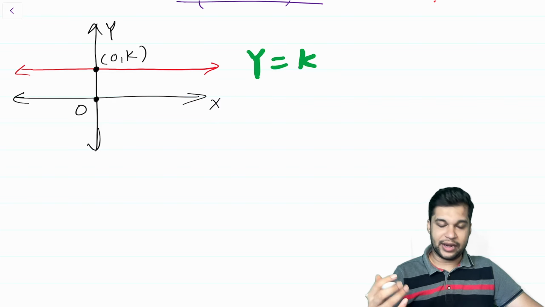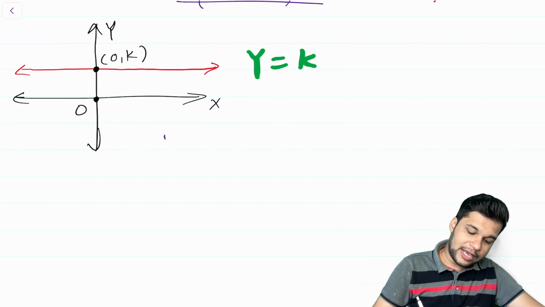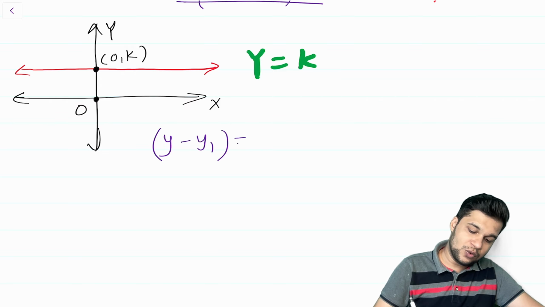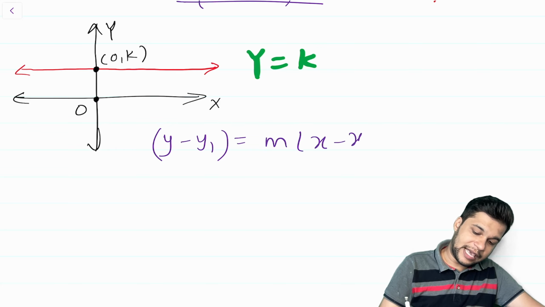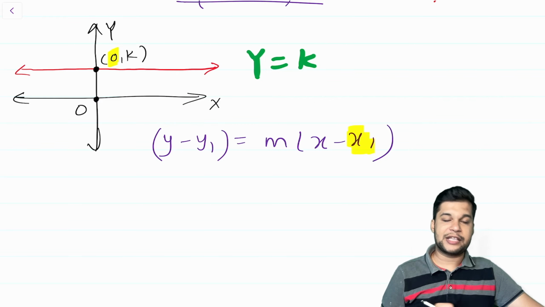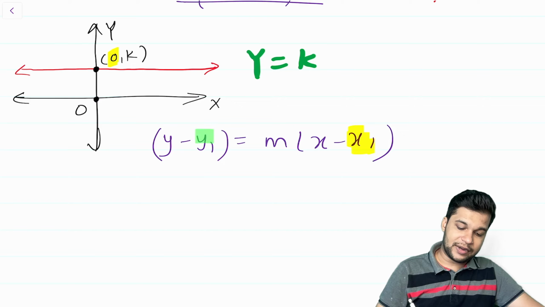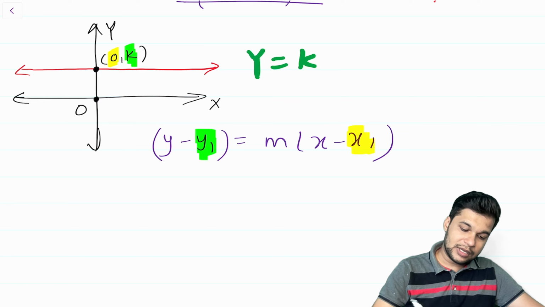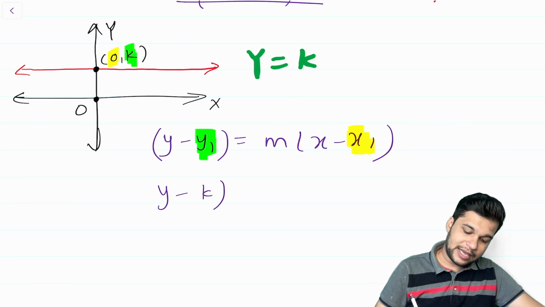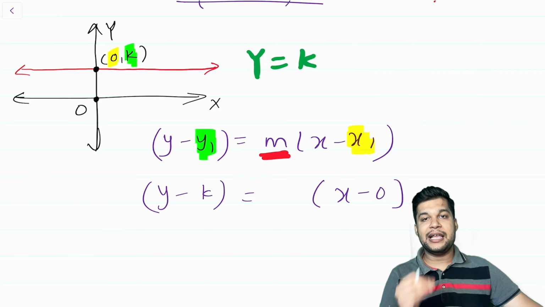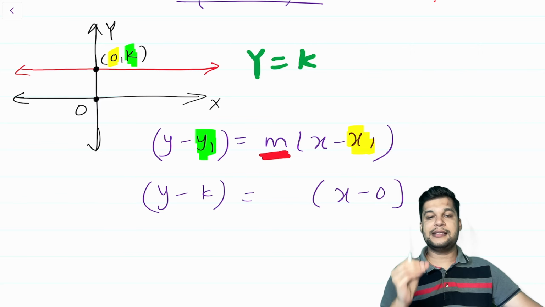How do I get it? The equation in slope point form can be written as y minus y1 equal to m times x minus x1. My x1 is 0 and my y1 is k. So let's plug in these points. So y minus k equal to m times x minus 0, and what is m? The slope of any horizontal line is 0.